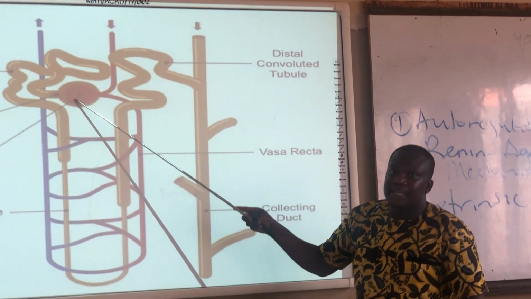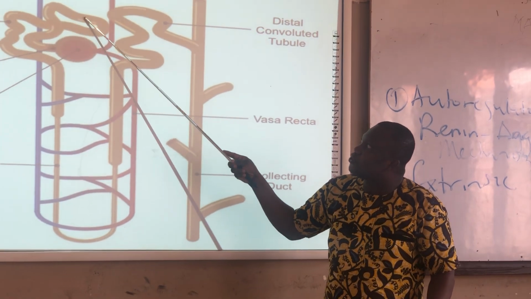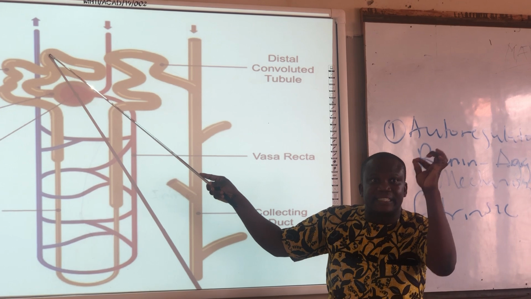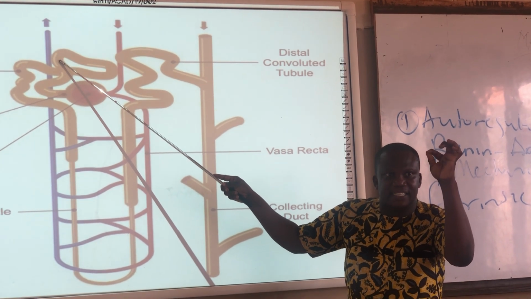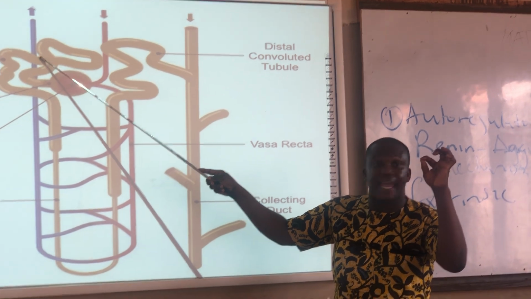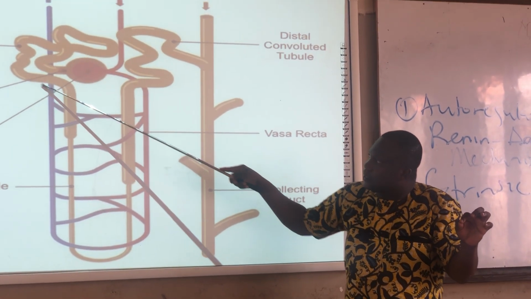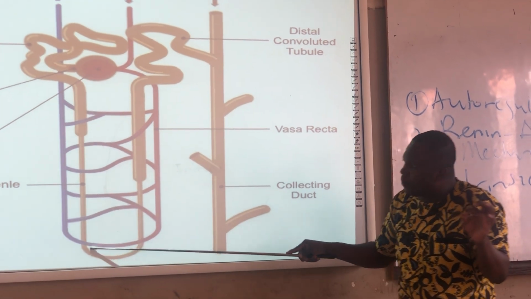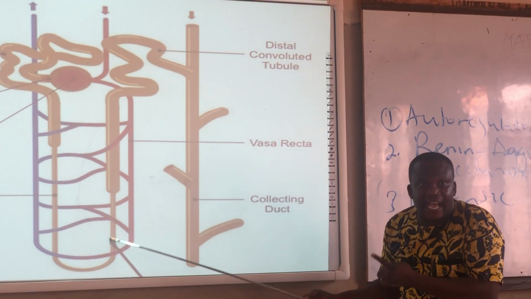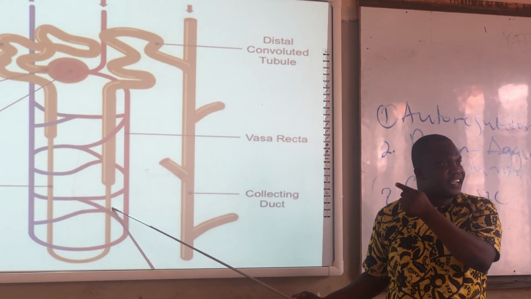Assuming the glomerular filtrate is traveling from the proximal convoluted tubule, we need the active transport mechanism. We are talking about chemical energy, ATP, that will move the substances as they descend down, and as they move up, they should be able to beat the concentration gradients.